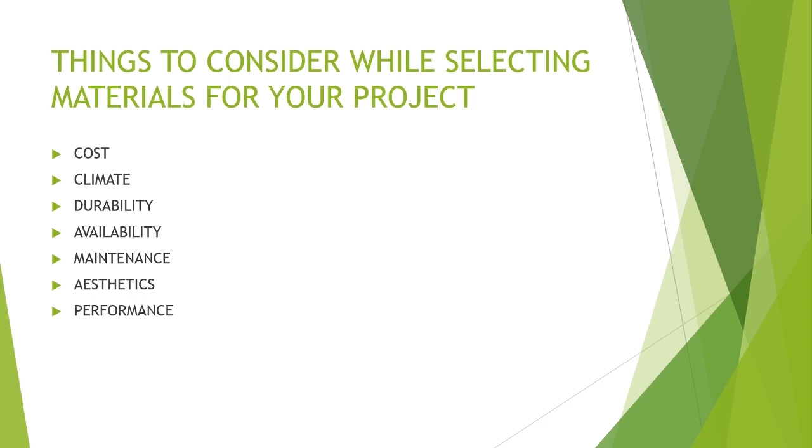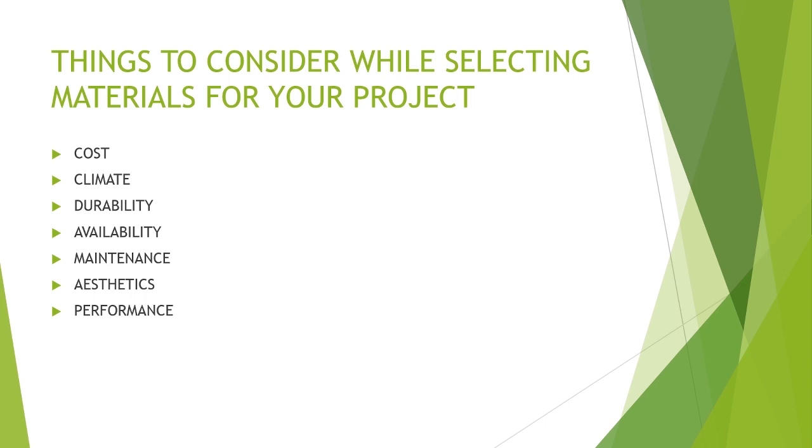Right, so as you watch the budget, the climate, the durability and all of that, you want to also consider the aesthetics, so that you would not have something that will deface your building overall.